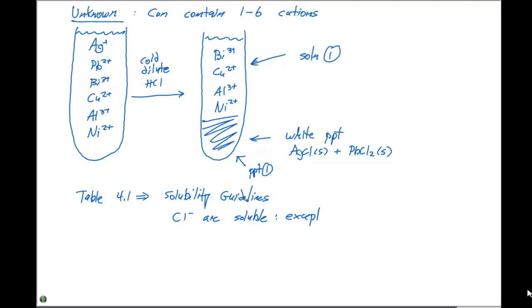And those exceptions are silver plus, lead 2+, and mercury 2+. So even though we're not talking about mercury right here, if you can learn the thought process that's going on behind here, you can be able to identify any type of ion and whether it will precipitate or whether it will not precipitate.